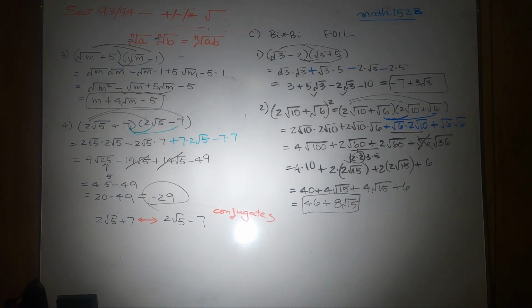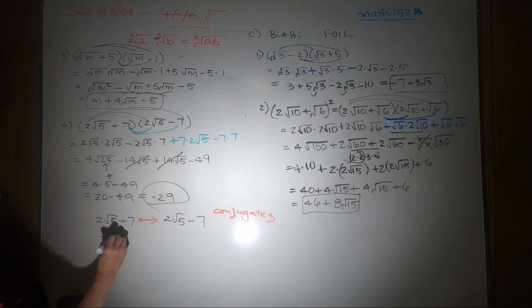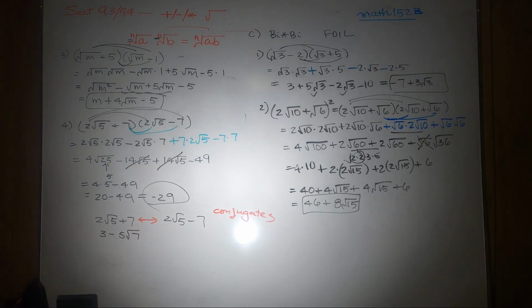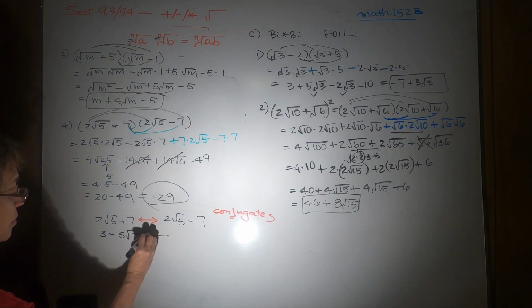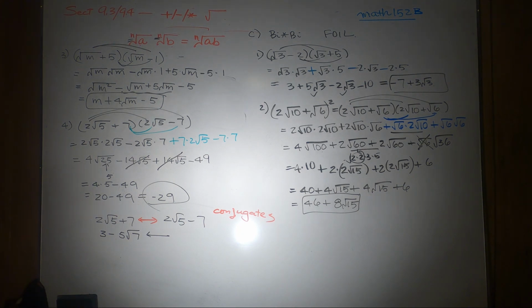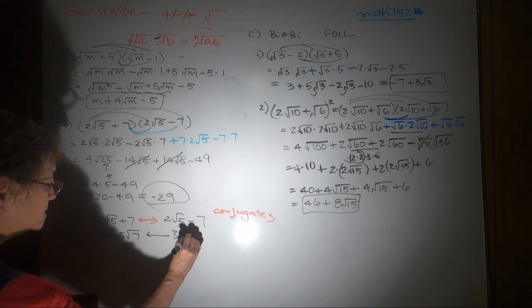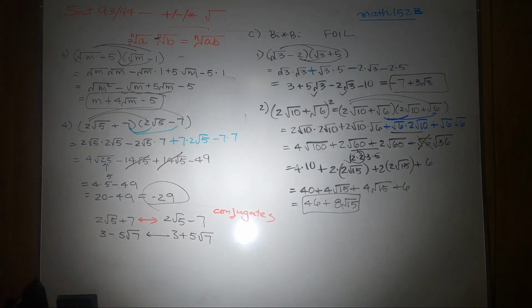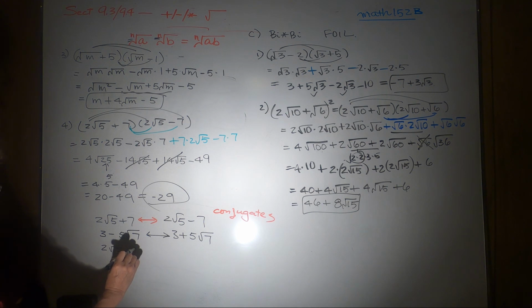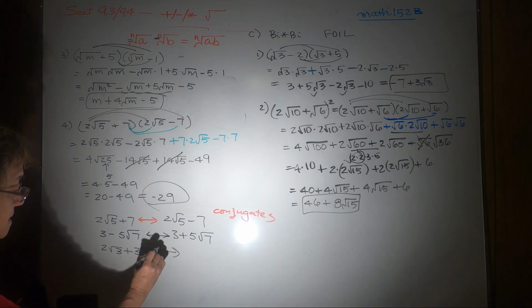So for instance, if I have 3 minus 5 square root of, say, 7, what would be its conjugate? The opposite would be 3 plus 5 square root of 7. If I have 2 square root of 3 plus 3 square root of 7, what is its conjugate?